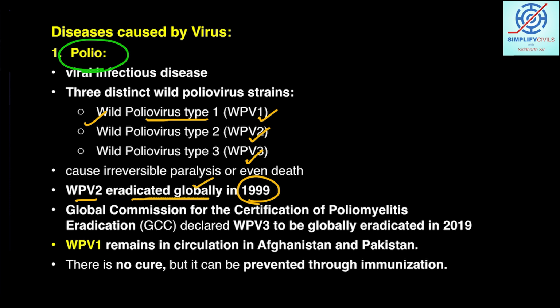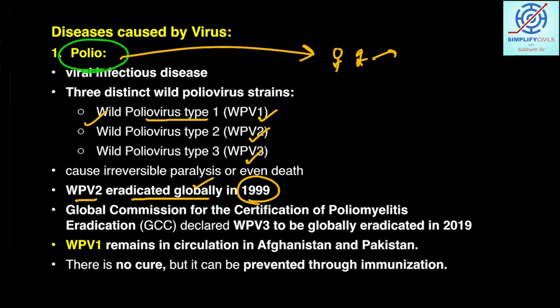Definitely you would have seen that many parents are asked via television advertisements or visual advertisements, अपने बच्चों को क्या करें, that you should bring your kids who are 5 years or less in age, and they should be given polio drops, right? So you are aware of this.